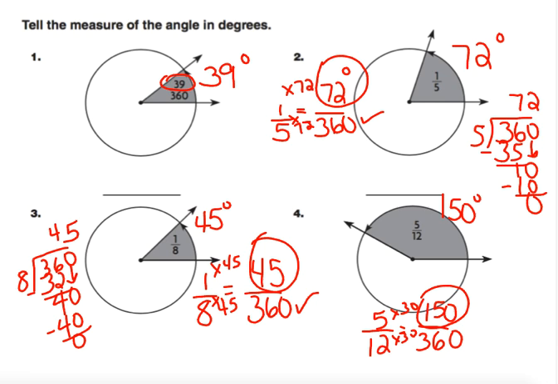And number 4, 150 degrees is an obtuse angle. That's how we can combine everything together. So 11.1 was fractional parts of a circle. 11.2 is changing those fractions to degrees and identifying whether they are acute, obtuse, right, or straight.